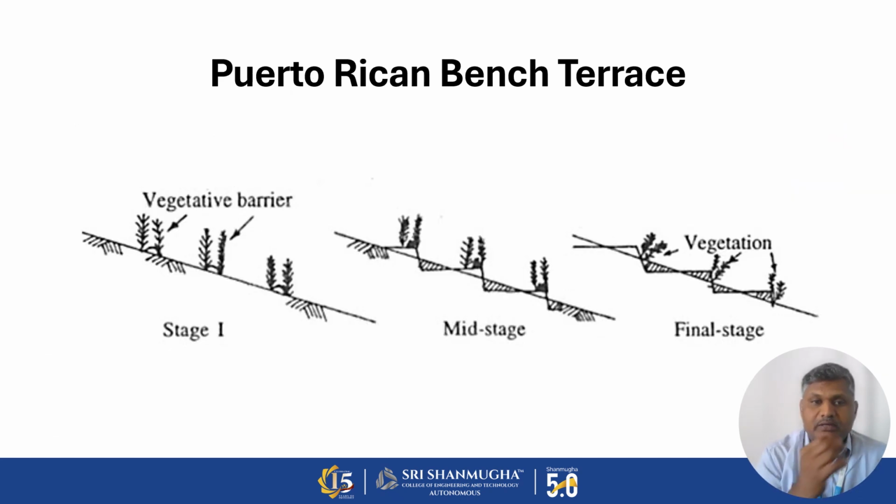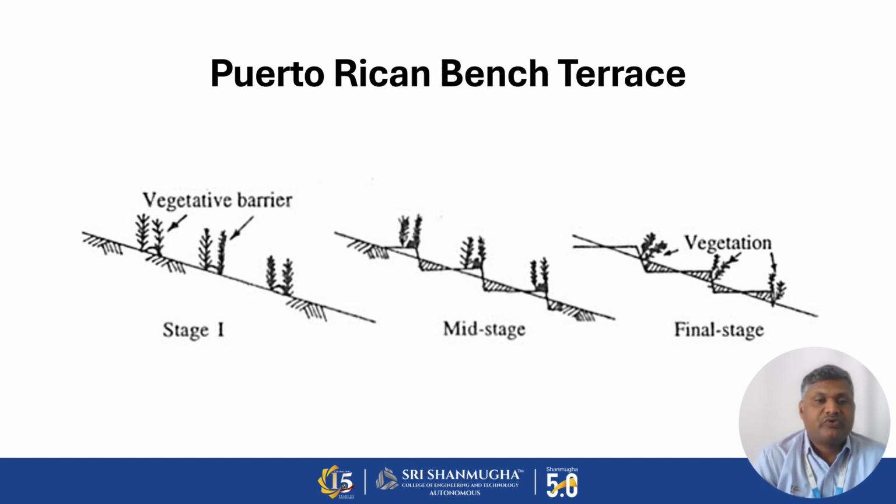The last one is called Pyrotica Recon bench terraces. This method is adopted mainly in California, and they create this bench terrace stage by stage. There are three main stages: stage one, mid stage, and the final stage.